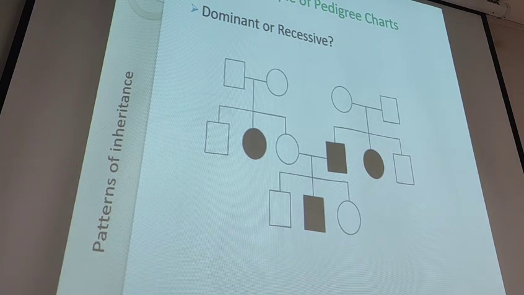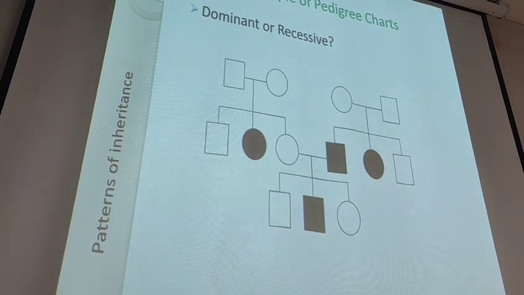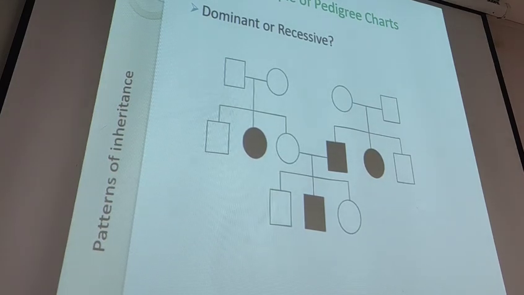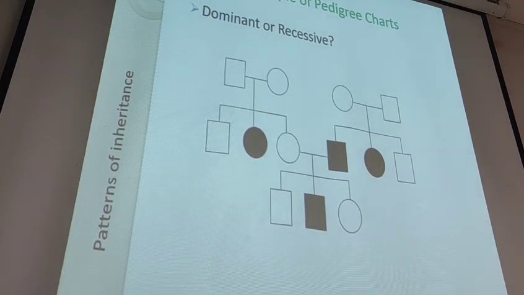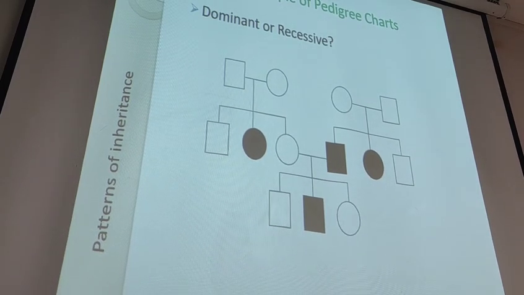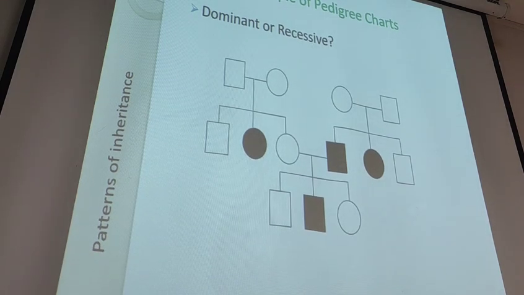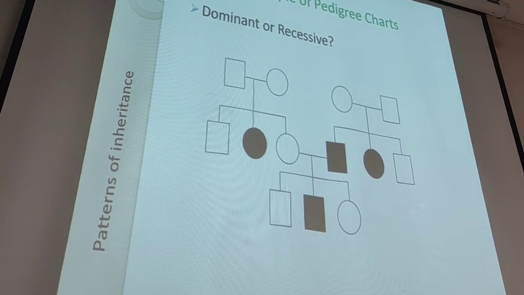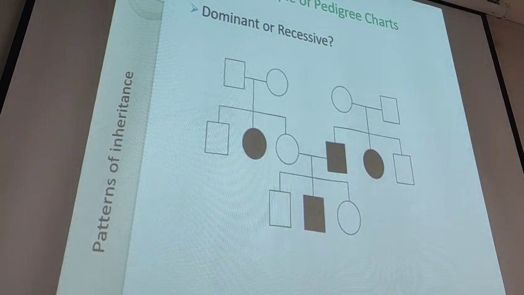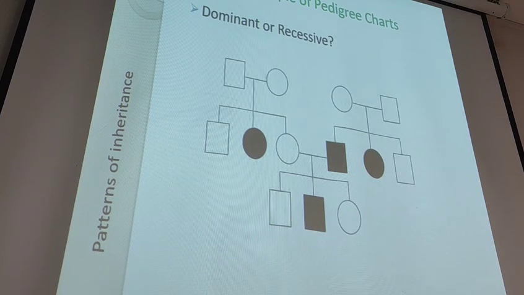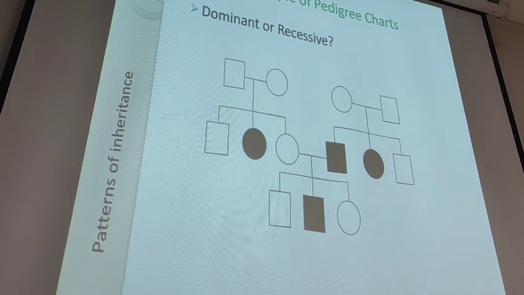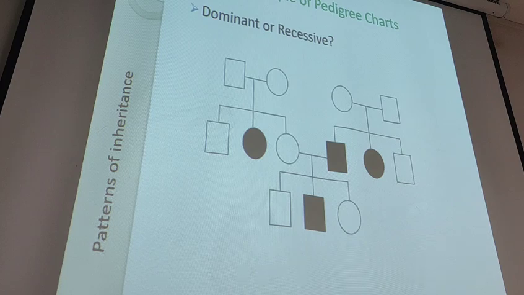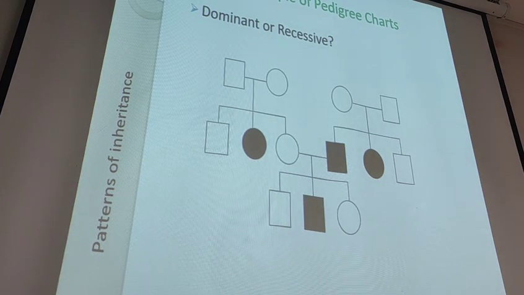When we talk about genetic heterogeneity, we have a term for it. You know what genetic heterogeneity is? Different genotypes or different mutations cause the same phenotype. There are some disorders that are inherited as autosomal dominant, autosomal recessive, or X-linked.